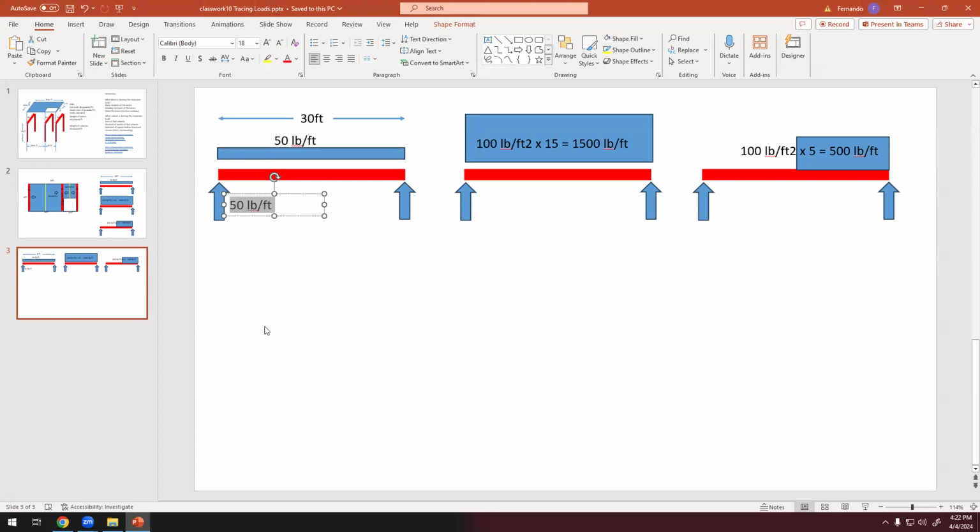It's not 50 times 30. Yes. So it's a uniformly distributed load, 50 times the length, 30, and we have 2 reactions. If it's symmetrical, it's just divided by 2. So that would be 750. So that reaction is 750, and this reaction here is 750.